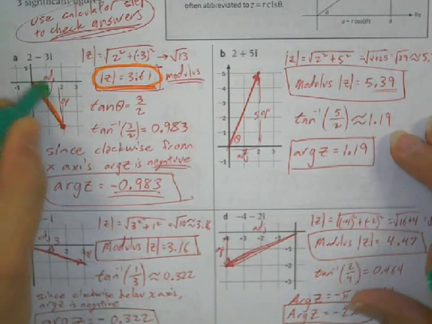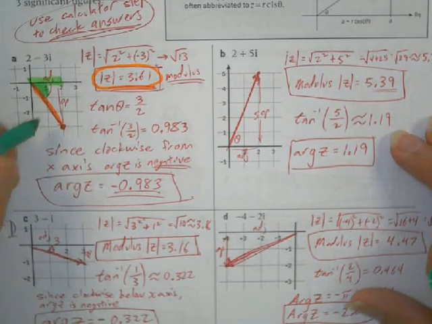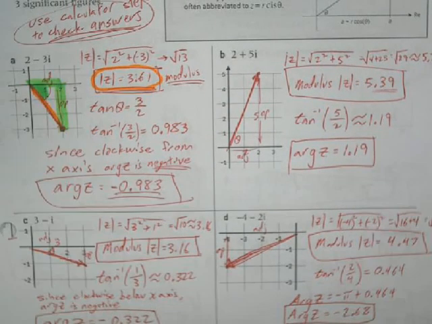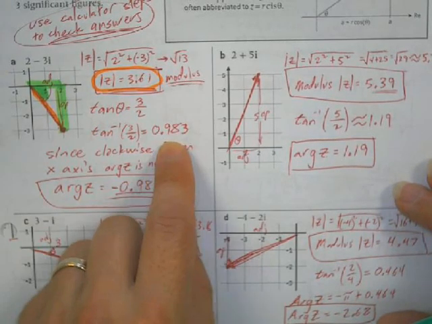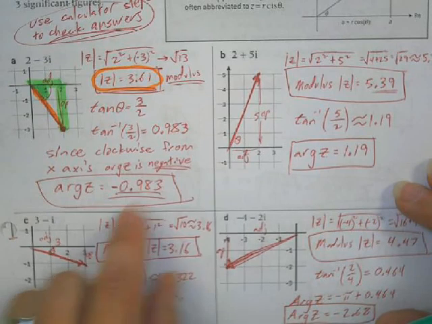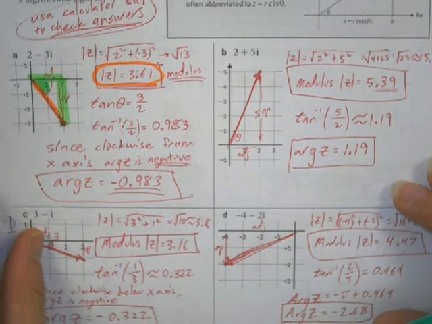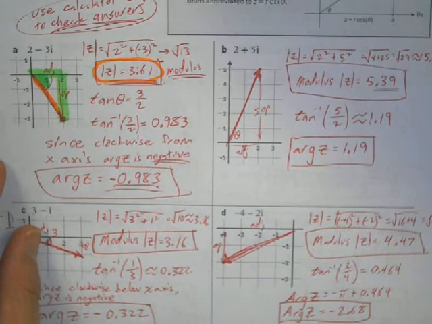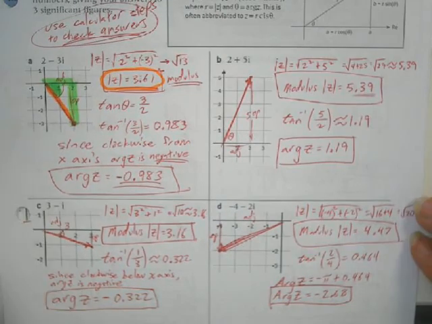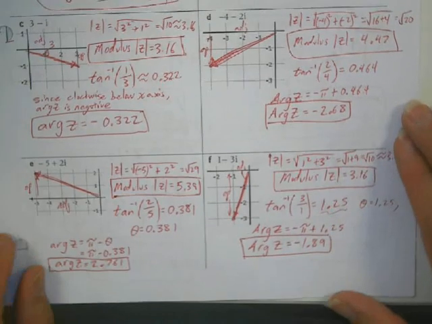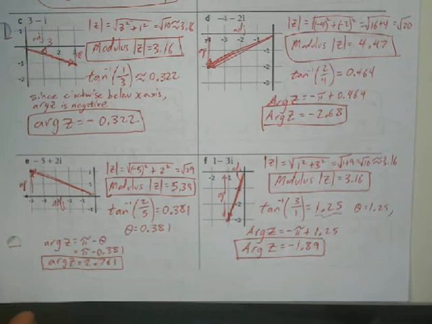So we have my adjacent is 2, the opposite is -3. We figure out the angle, but since it's clockwise, it's going to be negative. Okay, so I've shown all the work on this problem, so you might want to hit pause and check your answers. I'm not going to explain all these through because it's exactly the same thing we just did.